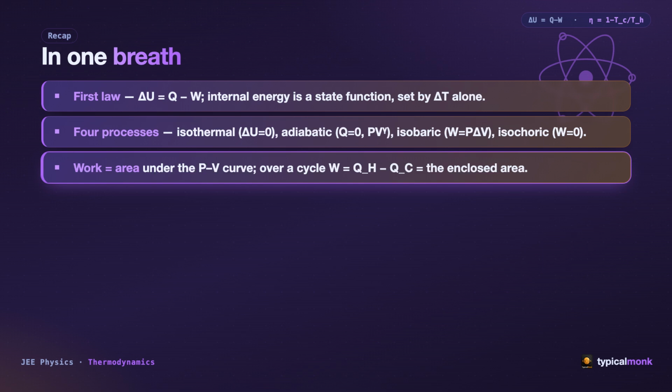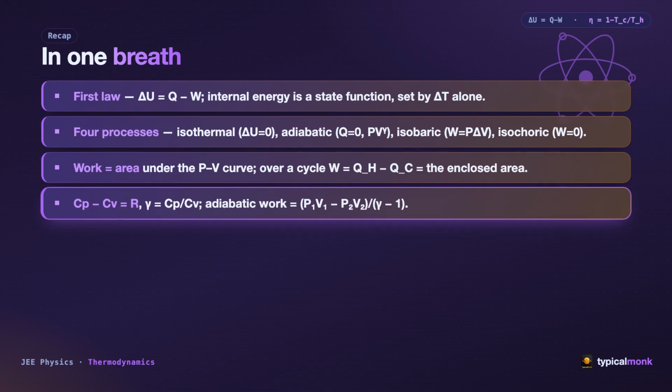Work is the area under the PV curve, and over a cycle, the work equals Q hot minus Q cold, the enclosed area. Cp minus Cv equals R, gamma is Cp over Cv, and the adiabatic work is P1V1 minus P2V2 over gamma minus 1.